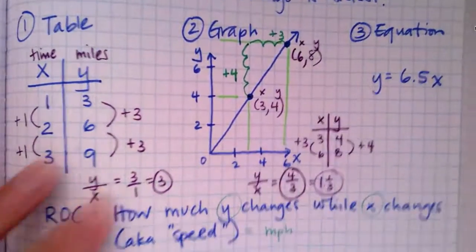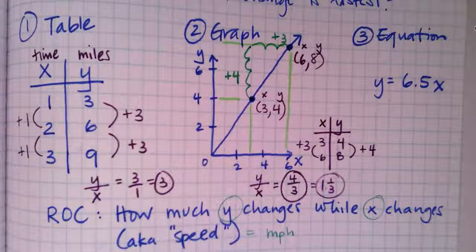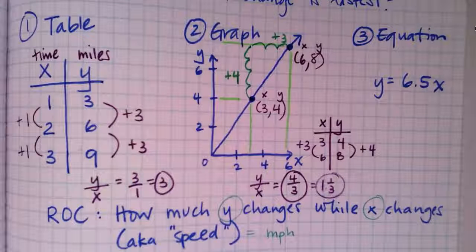That's how you get your plus 3, 4/3. Okay, but again, you don't have to do that. You can just change it into a table, and that might be easier as opposed to drawing some squiggles. Okay, but either way, it's 4/3 or 1 and 1/3, because 4 divided by 3 is 1 and 1/3. Okay, so that's your table and that's your graph.